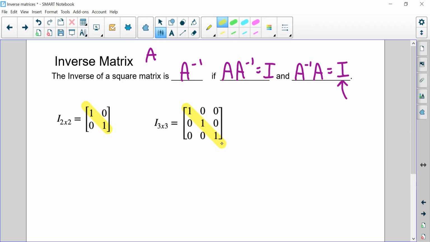And when you multiply by the identity matrix, it's just like multiplying by 1. You get the original matrix back. And so that's what makes these inverse matrices of each other. This right here is going to come in very handy when we solve the systems. We're going to have to use that definition of inverse to help us solve when we get to solving systems of equations. We're going to be using that concept.